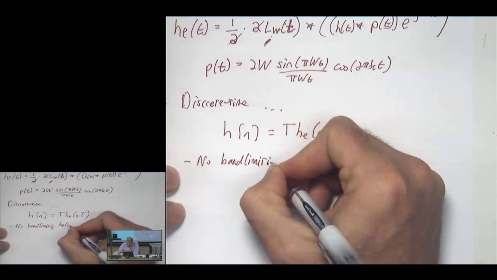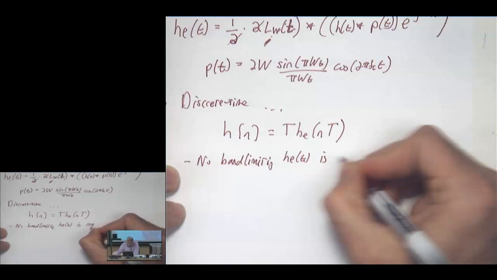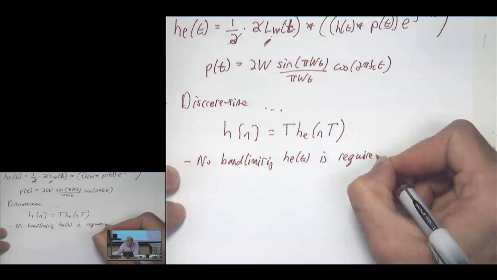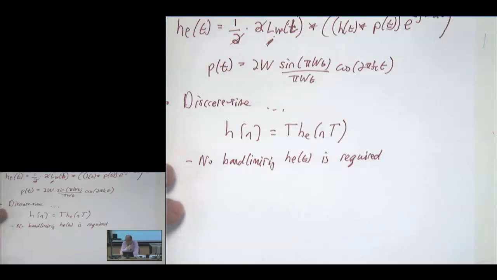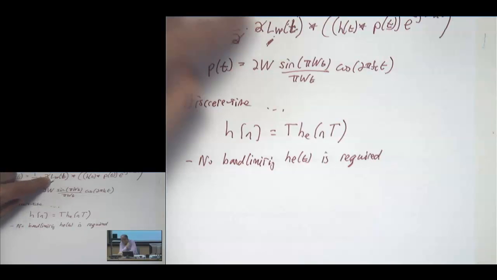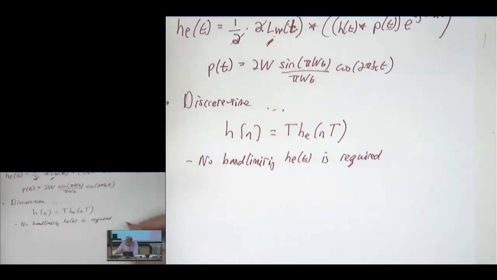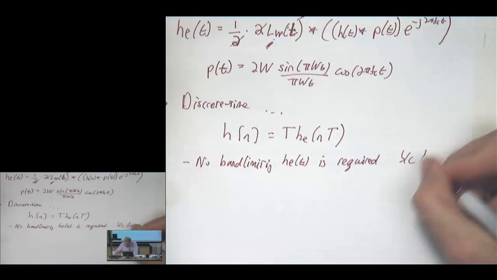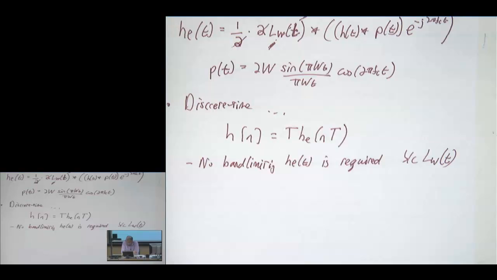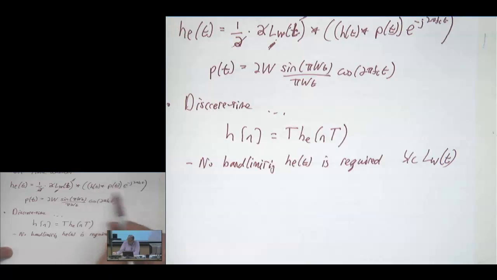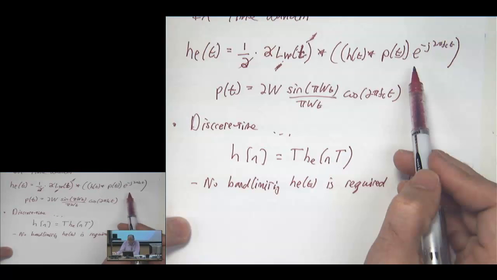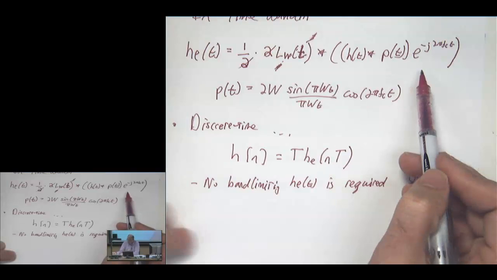So no band limiting of h_E(t) is required because it's already band limited at this point. So before, when we derived this discrete time equivalent, we filtered the channel first, and then we sampled it. Here we don't need to do that because we've already done that filtering right up here. That's because of this L_W(t) that was already in there. Okay, so this equation looks perhaps a little strange, but it is what it is.